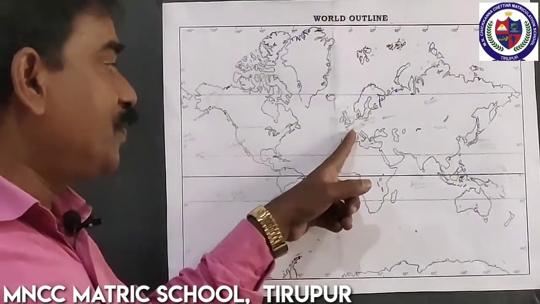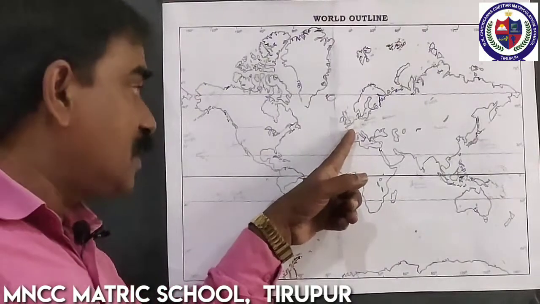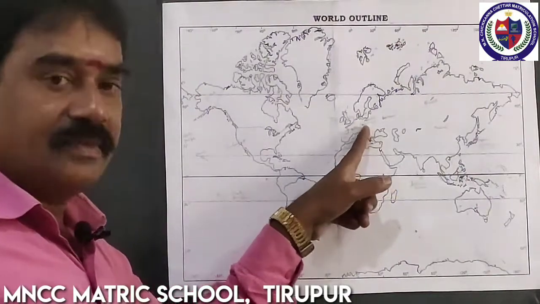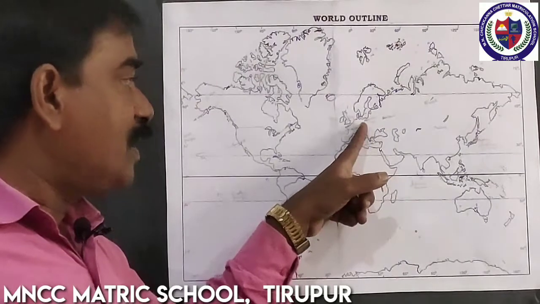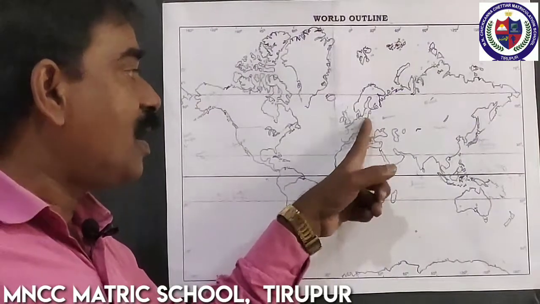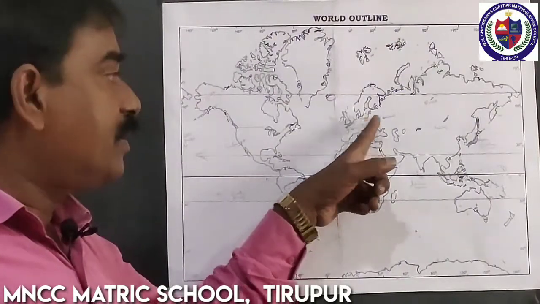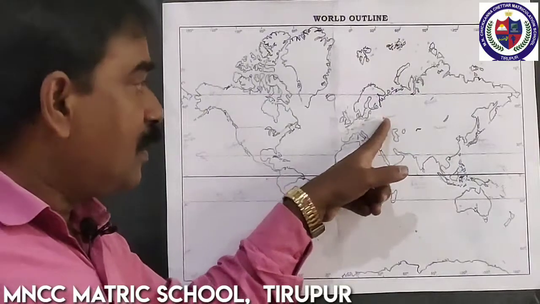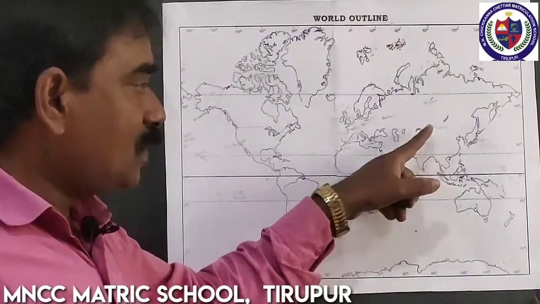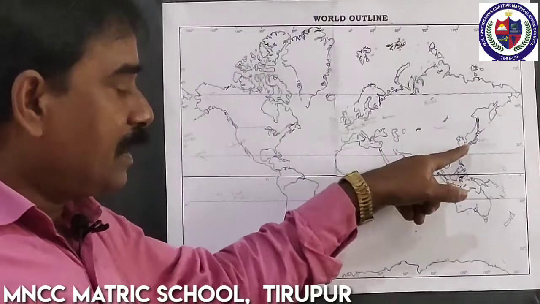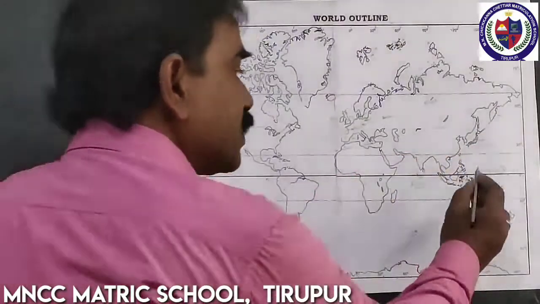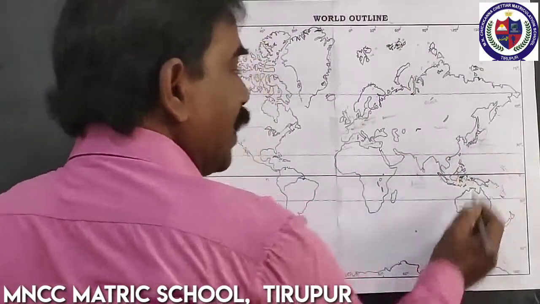And here, this is France. Above France is Germany. And little above Germany is Austria-Hungary. And here Moscow. Here Russia, China. And this whole island is Japan.